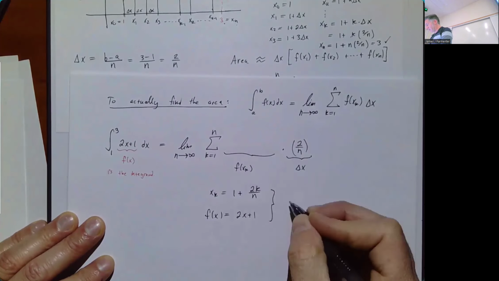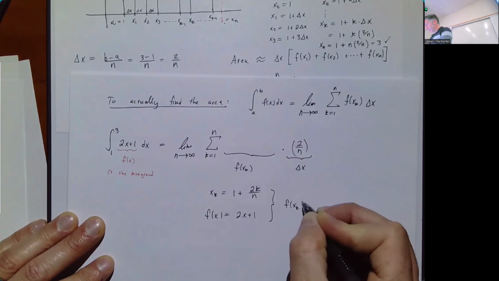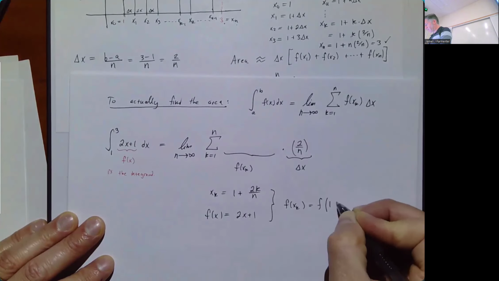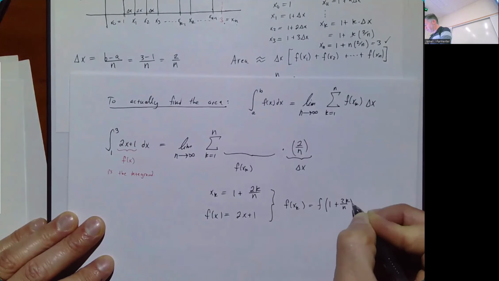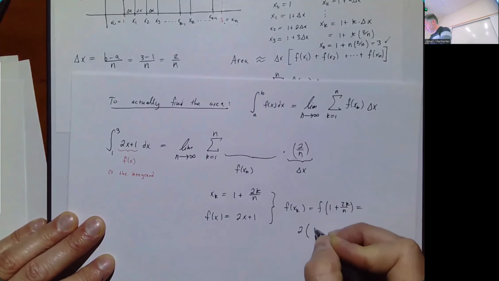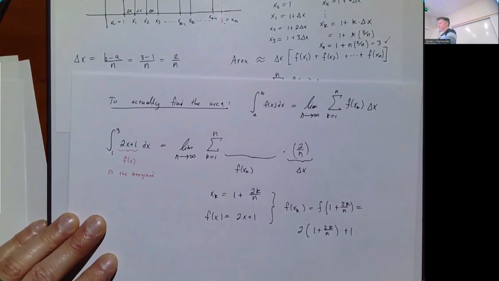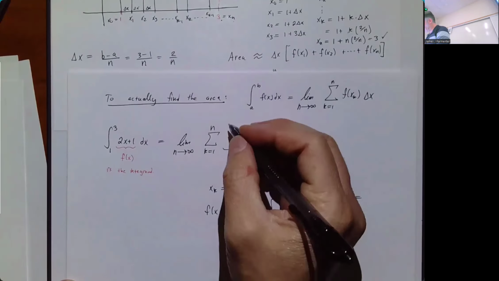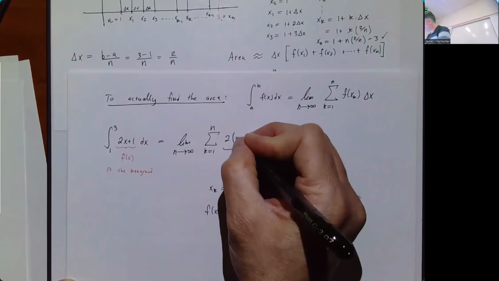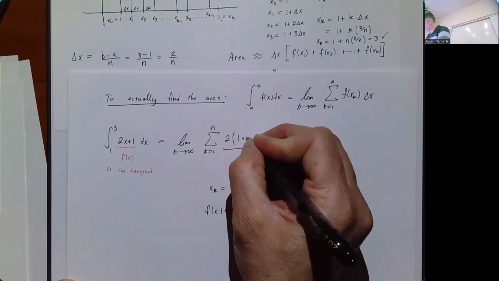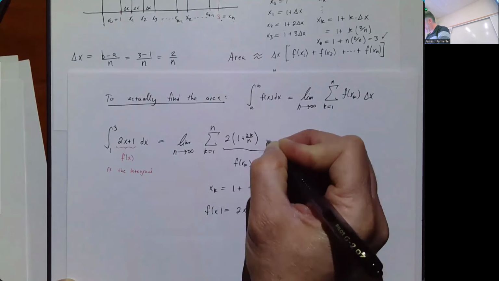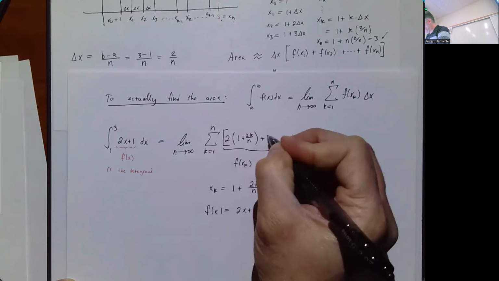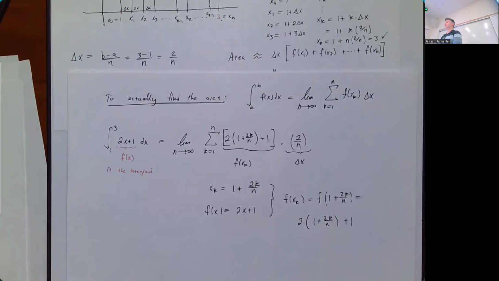So putting those together, f of x sub k is f of 1 plus 2k over n, which is 2 times 1 plus 2k over n plus 1. A little bit messy, but not the worst thing we've ever seen. So 2 times 1 plus 2k over n plus 1, all of that multiplied by 2 over n.